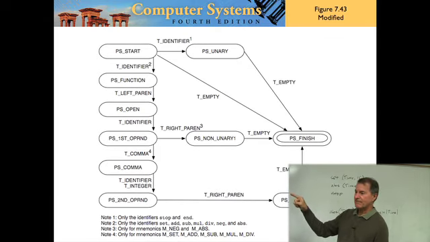You have to decide what the states are and what the transitions are. But rule number 2 is that every transition on this finite state machine must be on one of those tokens that your tokenizer will give you. Are you with me?